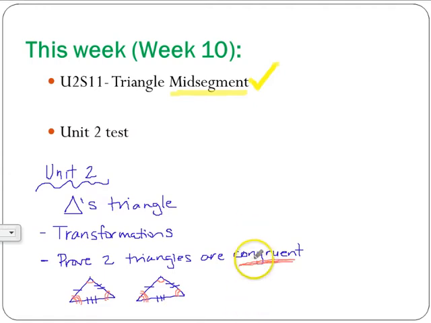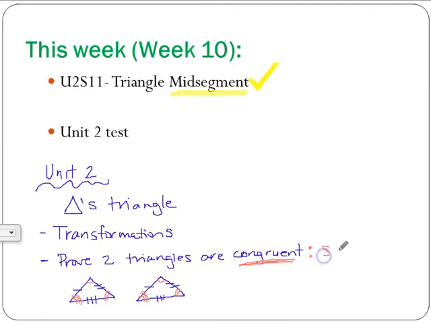That's when we were introduced to some shortcuts, where we only need to find 3 things to prove that two triangles are congruent instead of stating all 6 things.